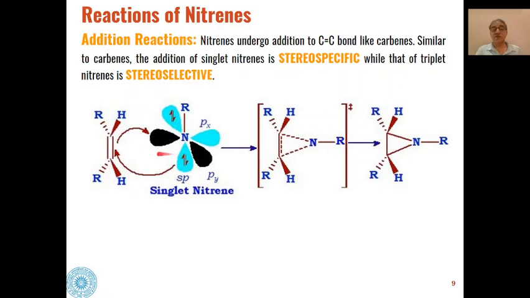One electron from here antiparallel, the other electron from here antiparallel, they will form a bond and a transition state of this type will be formed.